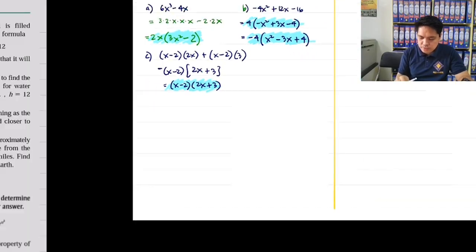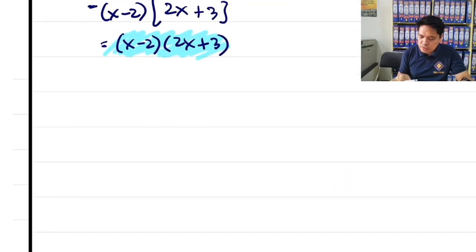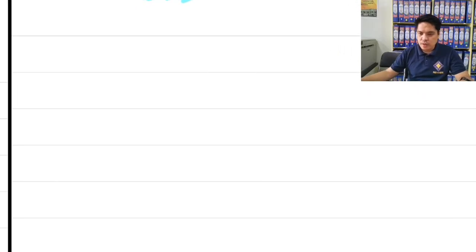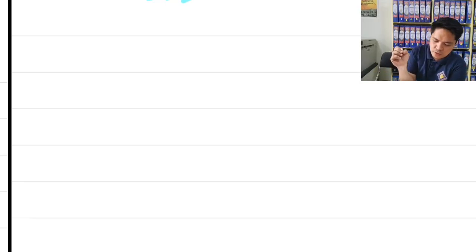So let's have the next properties. This is what we call factoring special polynomial forms. So what are these special polynomial forms?